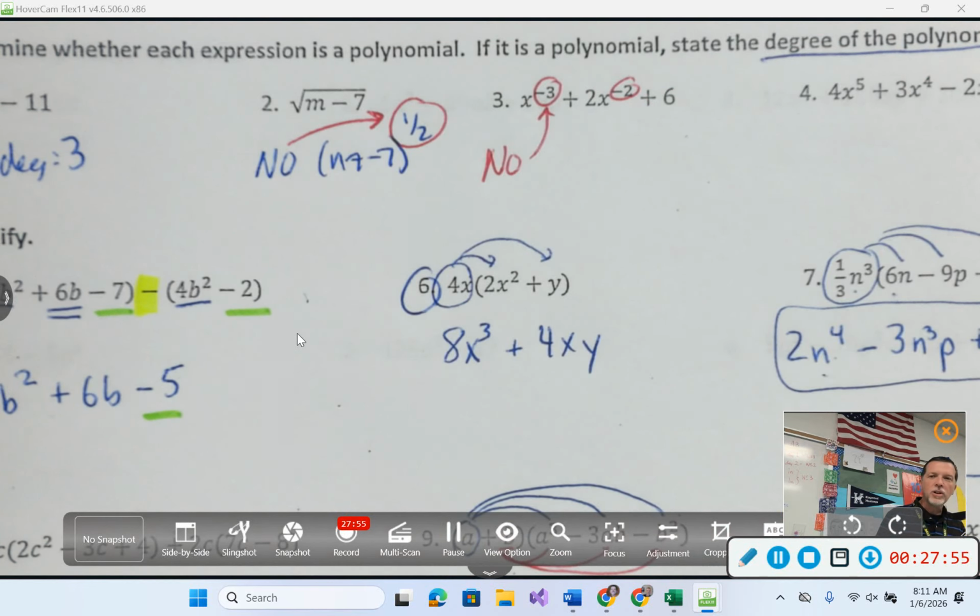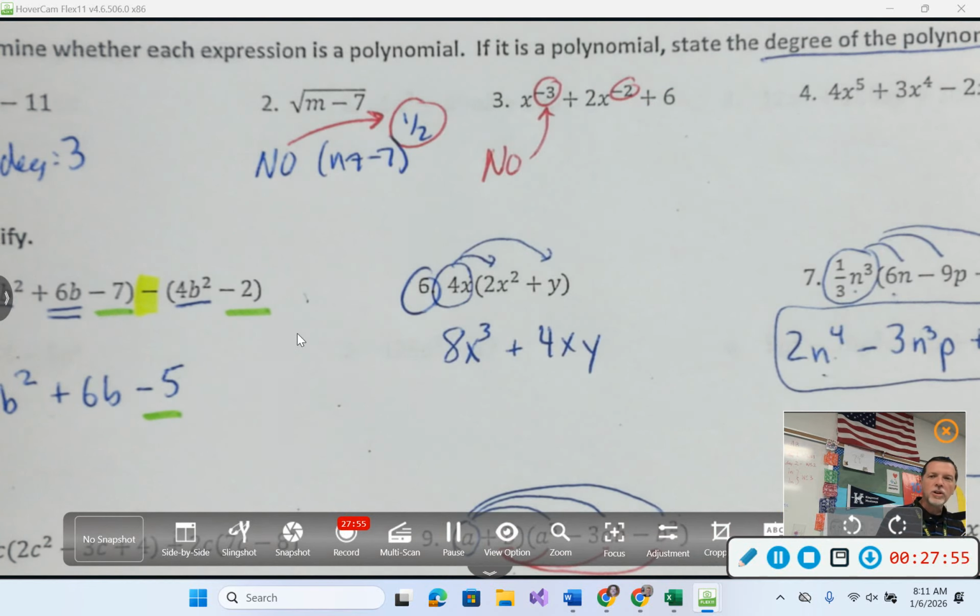So I got q to the 41 on the left. That's kind of weird. What do I do with 4k and 5 on the right hand side? Add them. So that's q to the 4k plus 5. So now do you see what to do with those?